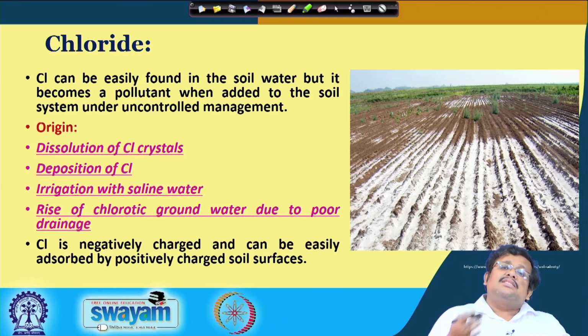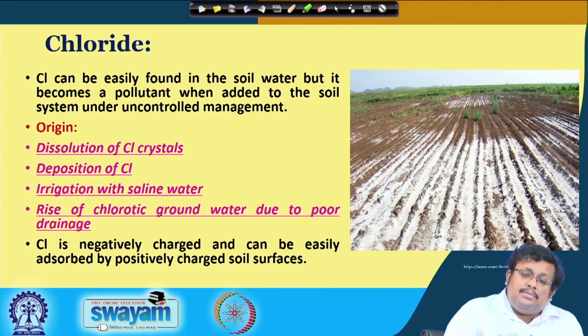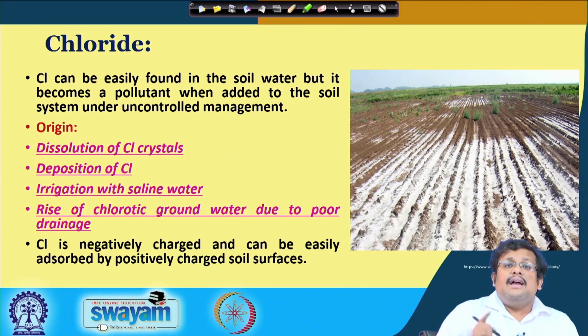Now, the origin of this chloride in the soil is basically dissolution of chloride crystals and the deposition of the chloride, and then irrigation with saline water, as you can see here, and finally, the rise of chloride-rich groundwater due to poor drainage.